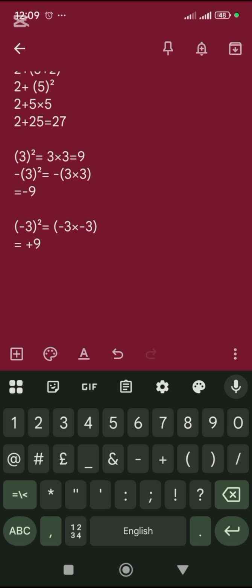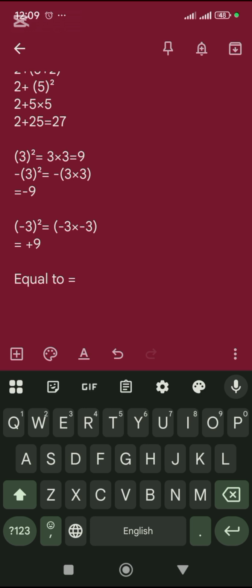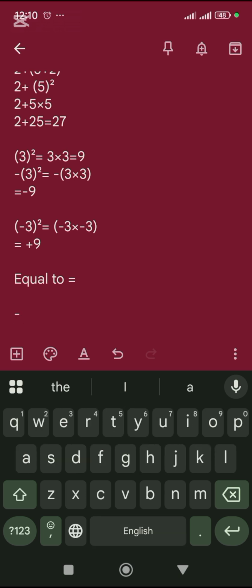So let's talk about the equal to sign. And this is what this means. Most of the time we use the equal sign to indicate a balanced equation.